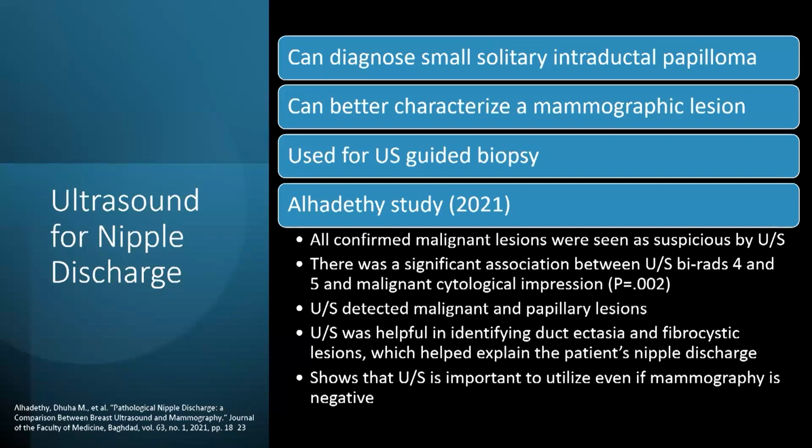So ultrasound found the malignancies that were papillary lesions, and it was helpful in identifying whether it was just ductectasia or fibrocystic disease that may help explain the nipple discharge as benign. And ultrasound is important to utilize even if your mammogram is negative. So we don't want to forget that.